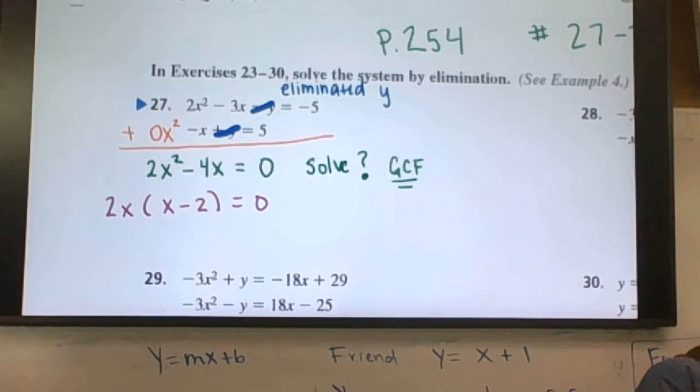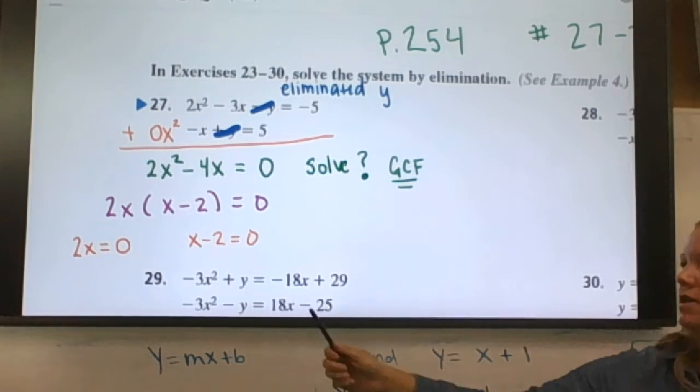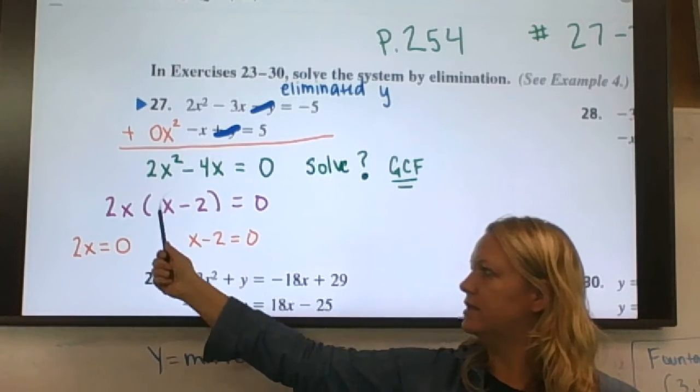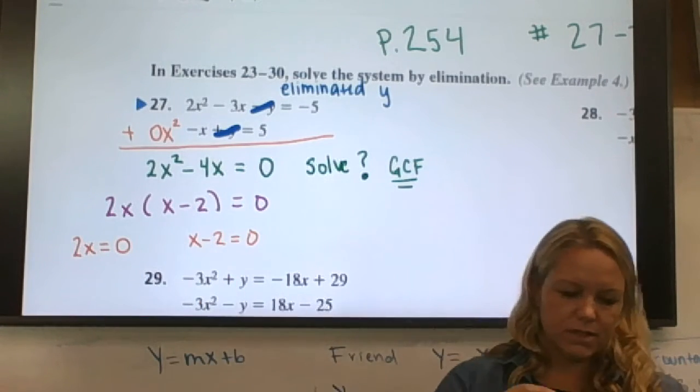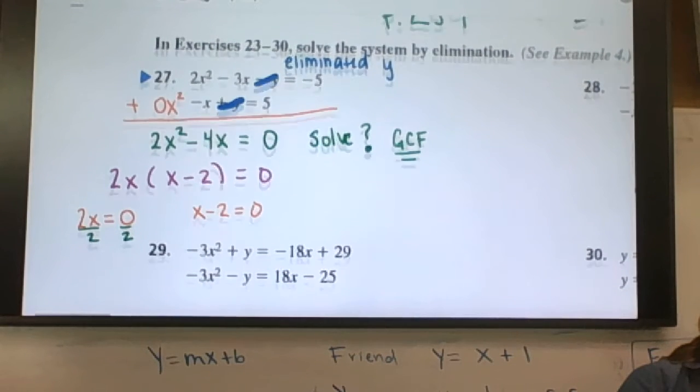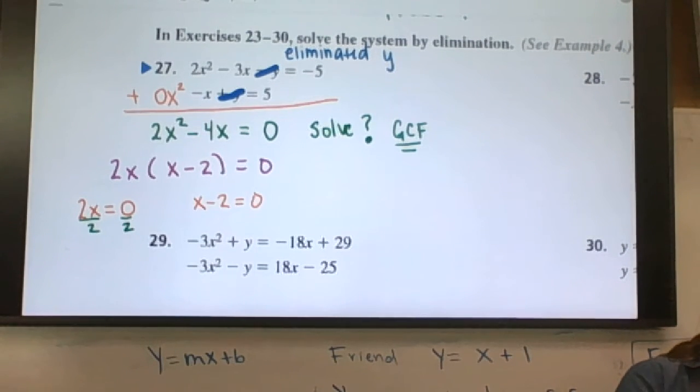So now to solve these factors, I'm going to say the first part equals 0, and the second part equals 0. So I take this GCF, make it equal 0. I take this factor, make it equal 0. So one of my answers is 0.